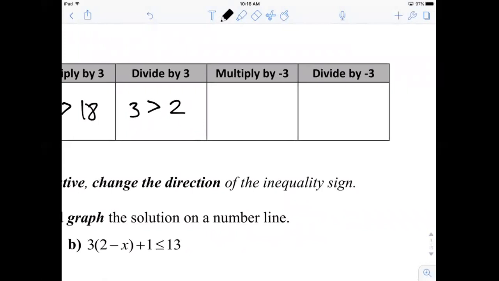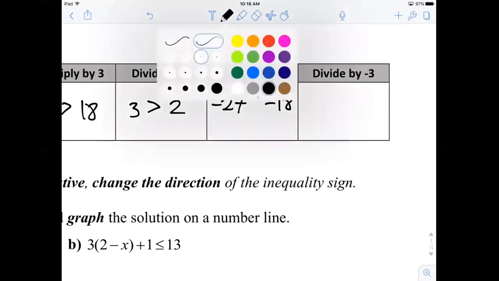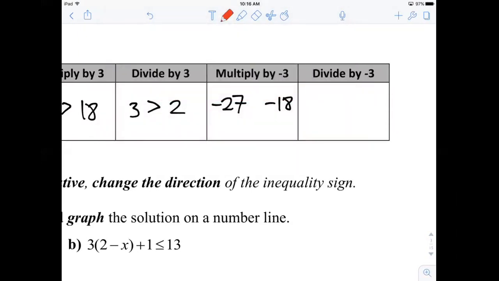What about if we multiply by negative 3? Well, if we multiply by negative 3 on the left side, it gives us negative 27. And by negative 3 on the right gives us negative 18. But then we have to stop and be really careful, because now negative 18 is actually the greater number.